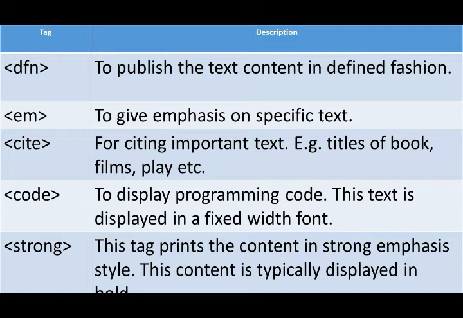It is used for citing important text such as titles of books, films, etc. Next one is code. It is used to demonstrate a computer programming code segment. The text is displayed in a fixed width font. Next is strong. We have also seen an example of strong. So this tag prints the content in a strong emphasis manner. The content is typically displayed in bold.